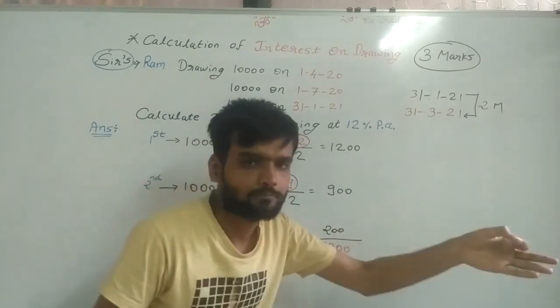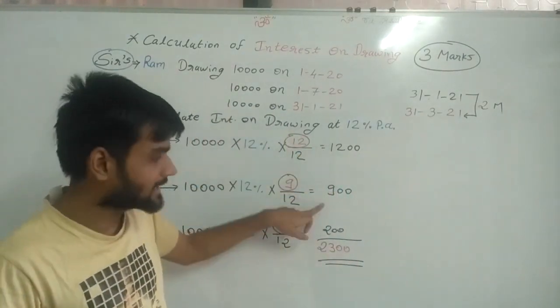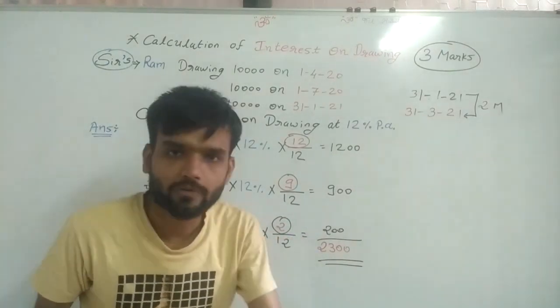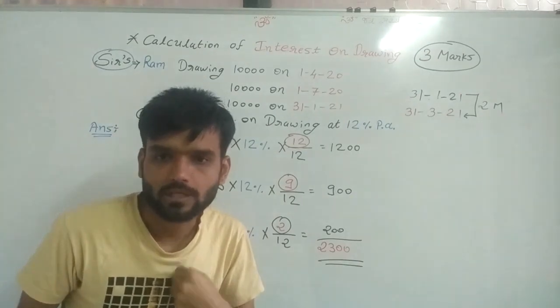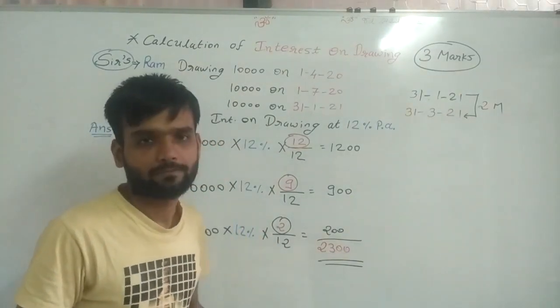So the firm has to receive from Ram a total of 1200 plus 900 plus 200, total 2300 rupees. We need to collect 2300 rupees from Ram.